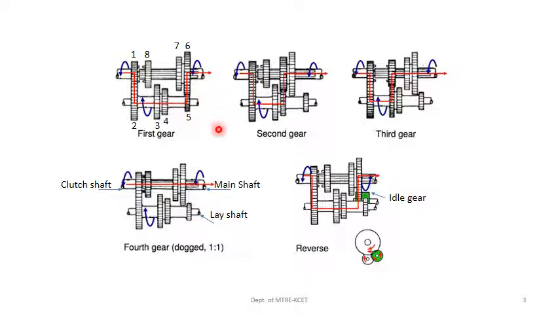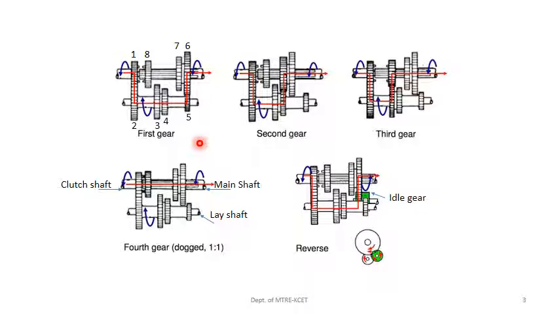The gearbox is a device fitted in between the clutch and the rear axle to help road vehicles get the power of the engine in varying ratios.